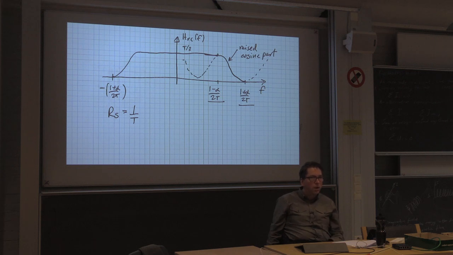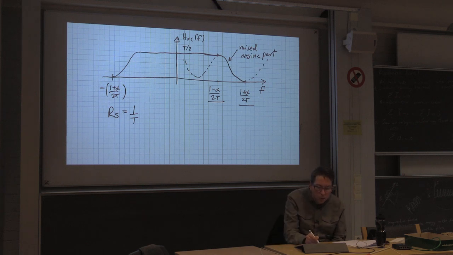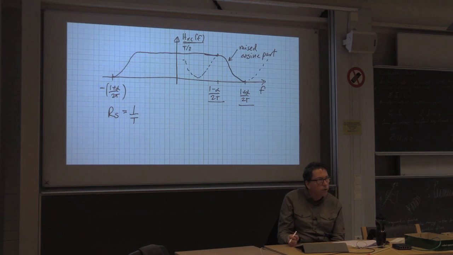So here we now have an expression of a pulse that we claim to be a Nyquist pulse. How are we going to check this? Well, basically we take copies of the spectrum and repeat them along the frequency axis and see whether, when we add them together, we get a constant.